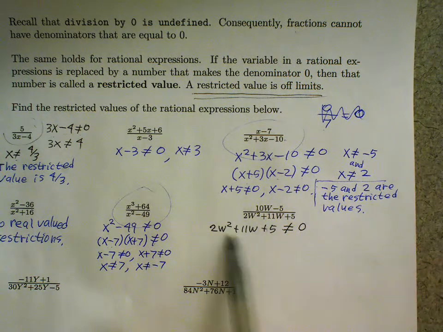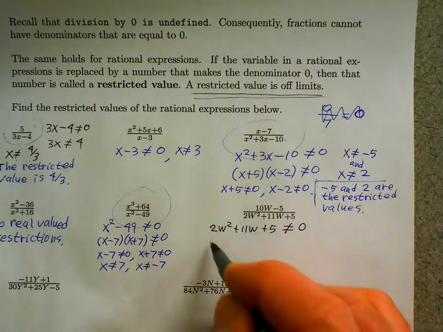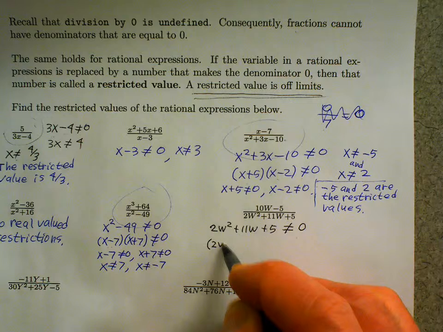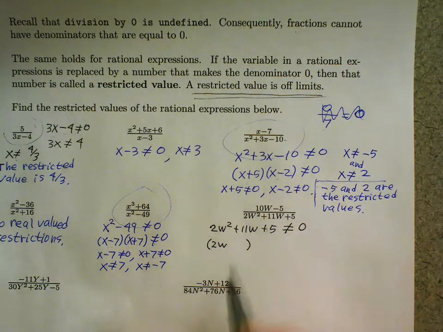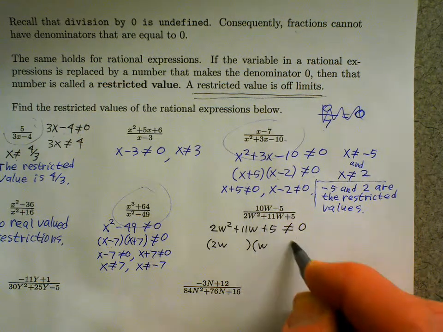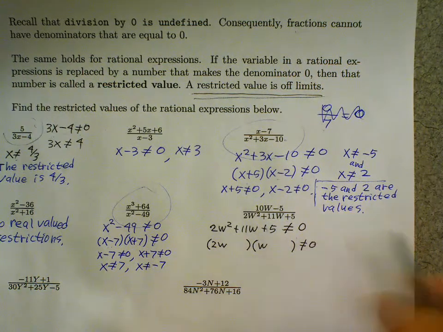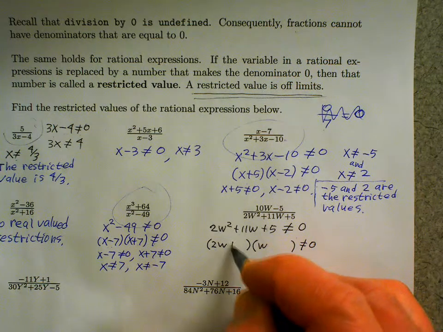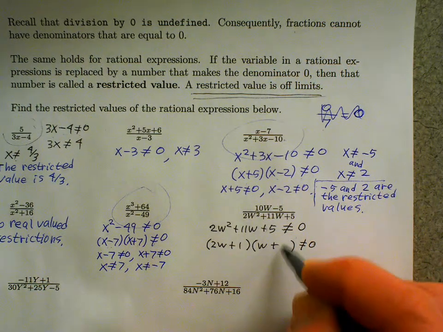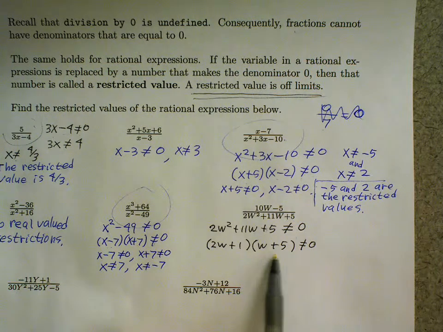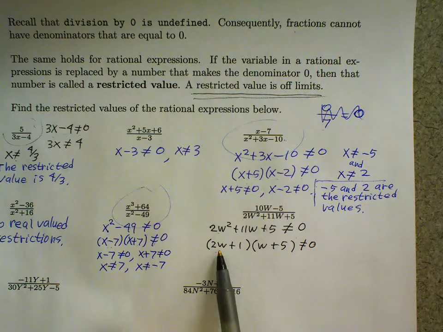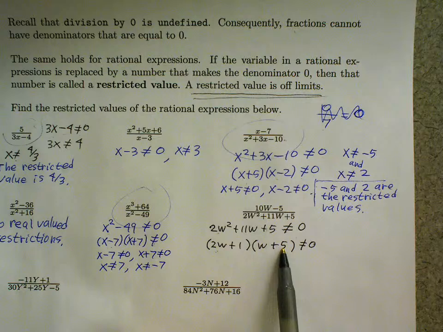Well, it's not too hard to factor this. So if we write the two binomials, then if I have 2w plus 1 times w plus 5, we can check by multiplying that this is going to work. 2w times w is 2w to the second. 2w times 5 is 10w.